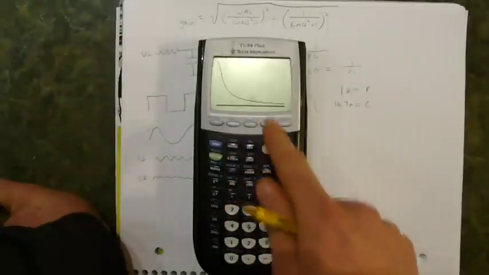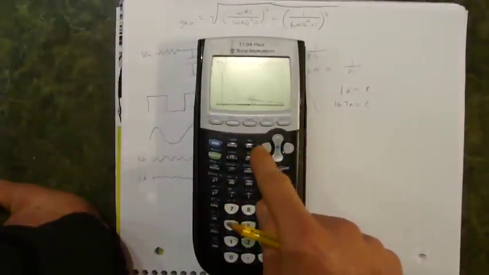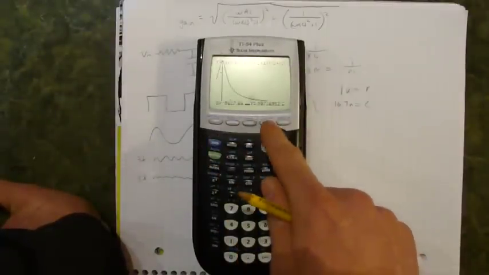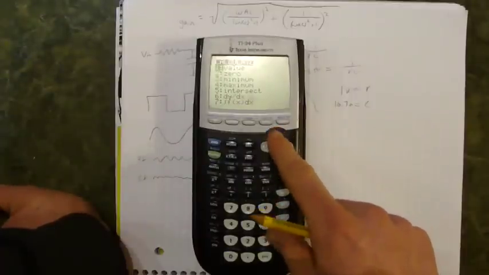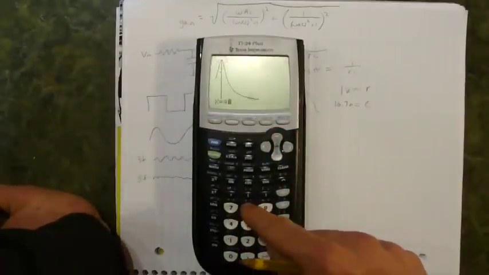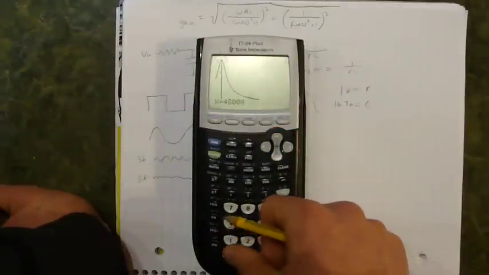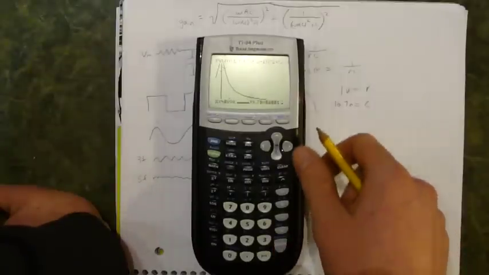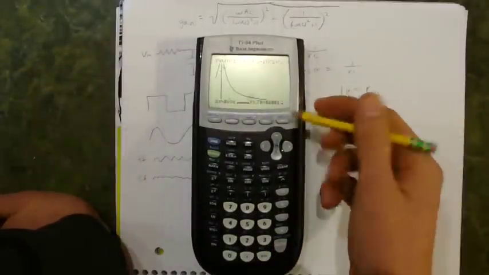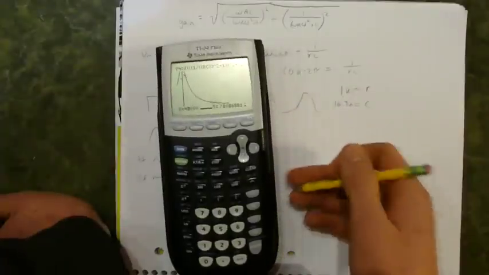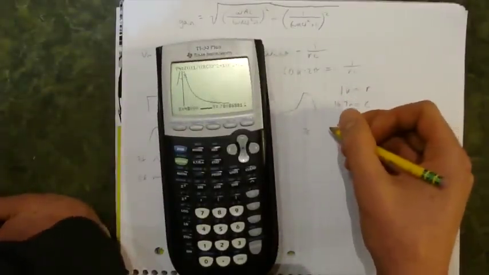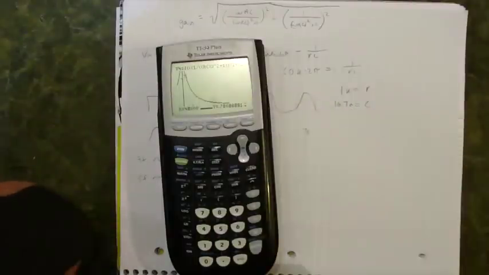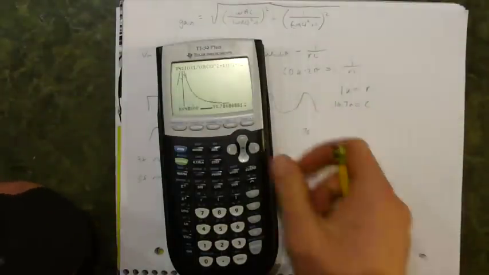So if we trace this function, let's just calculate at 48 kilohertz, we have a gain of 0.78. So 78% of the original amplitude will be passed through at 48 kilohertz.